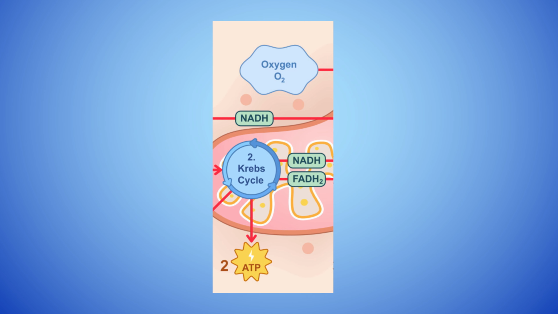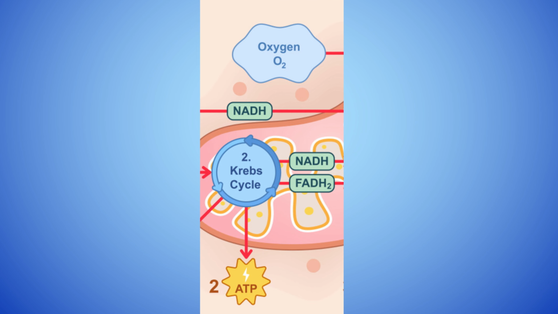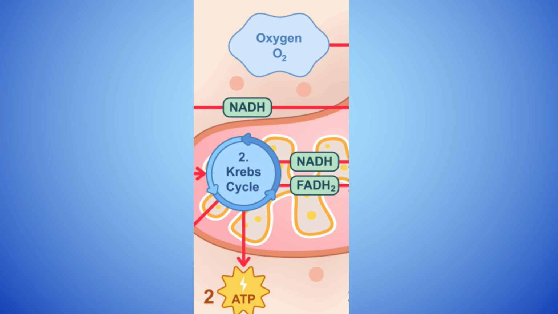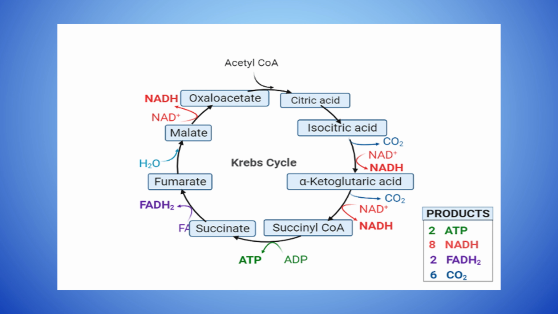The next step is the Krebs cycle. The Krebs cycle takes place in the mitochondrial matrix, but what exactly does it do? The Krebs cycle starts when an acetyl-CoA enters the cycle. Acetyl-CoA is formed when CO2 goes out of a pyruvate, whilst NAD+ goes in and CoA goes in.